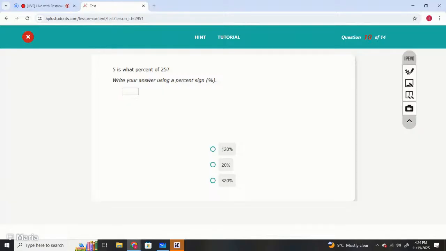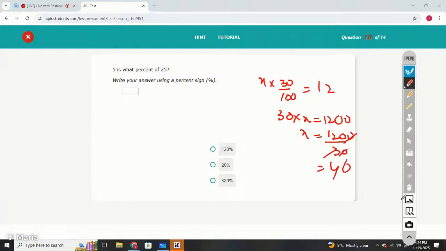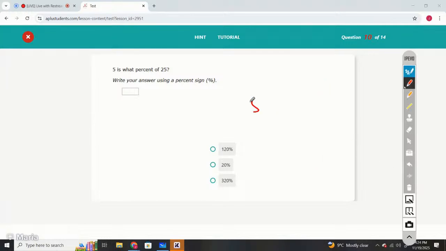5 is what percent of 25? So 25 is the whole number and 5 is the part.